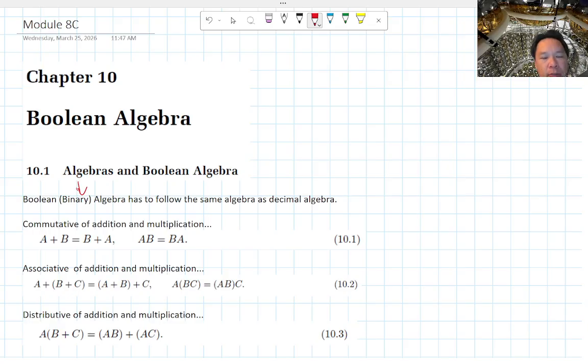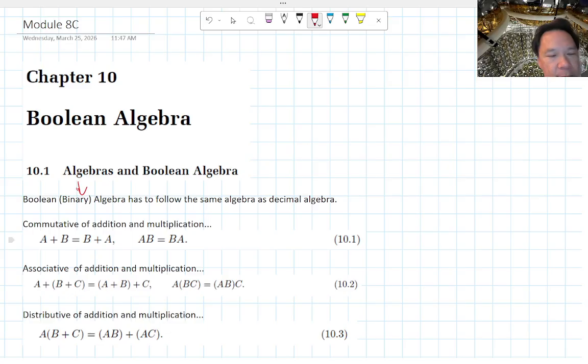For those of you who are into math, a binary number is a set, and this particular set obeys the same set of rules as the decimal set. So that's why we want to make them the same. Hopefully this is a reminder of your first algebra class. I don't remember when this happened, right?